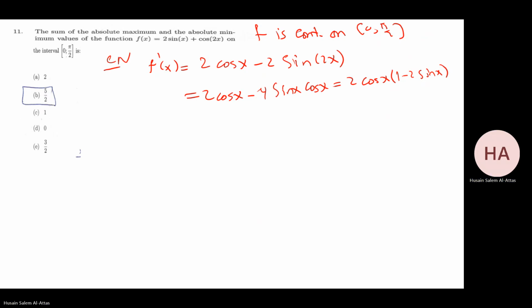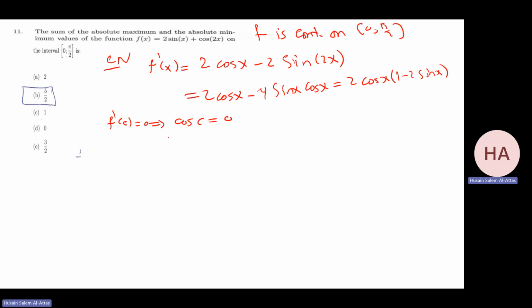Okay. F prime at c equals 0. So I have cosine c equals 0. And that is true at pi over 2, which is an endpoint, critical number and an endpoint. So I'll check it as an endpoint.